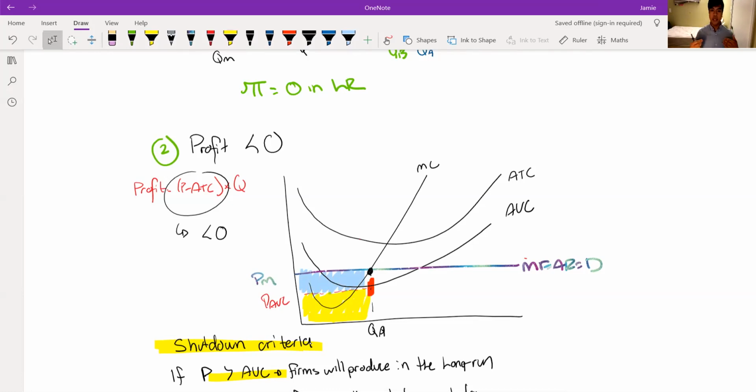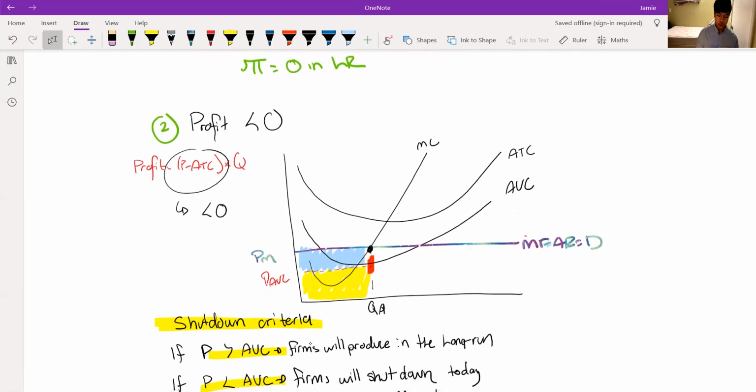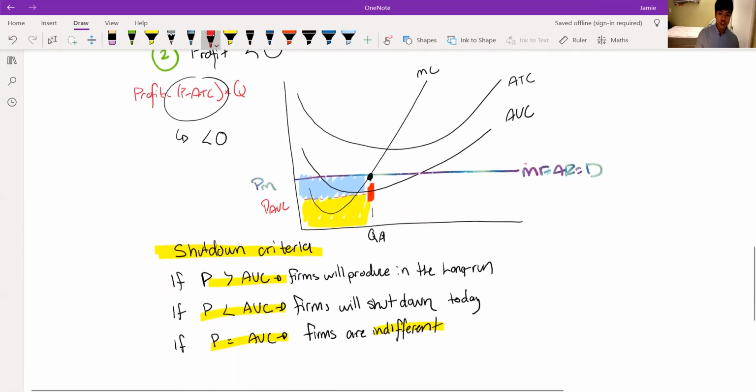So what ends up happening here is because I'm able to cover some of my fixed costs, I will continue to operate in the short run up until my lease is expired. And then I'll shut down from there. So that is simply what we've illustrated with this first one here.